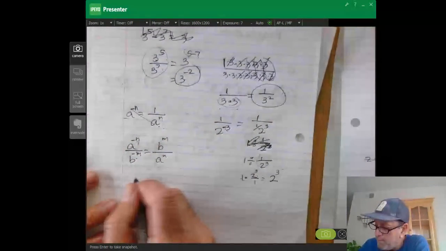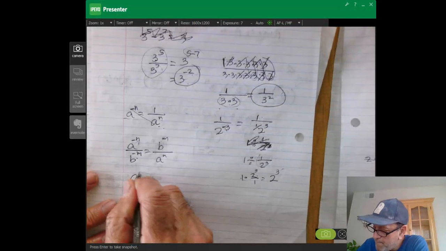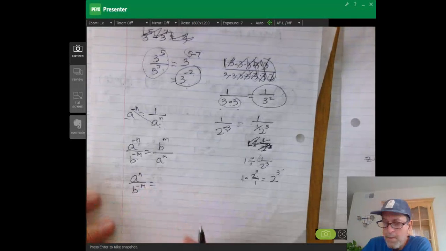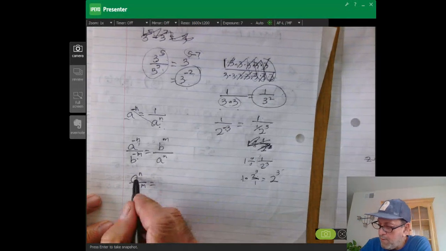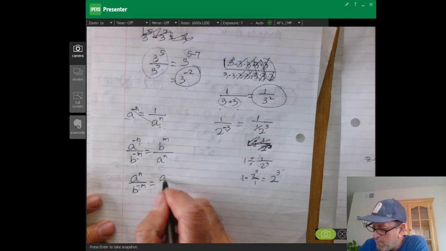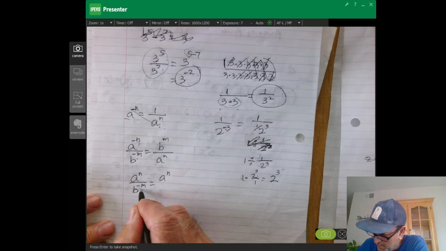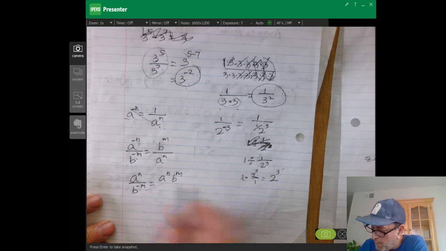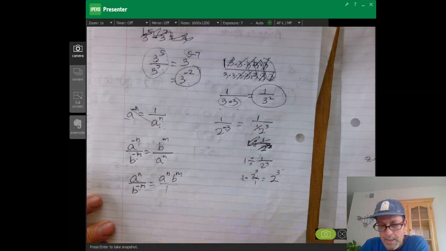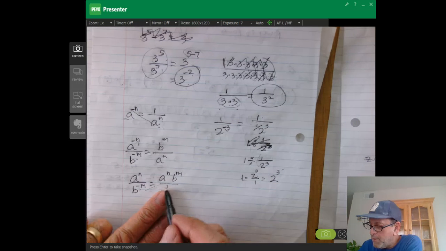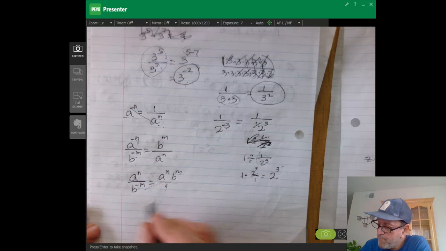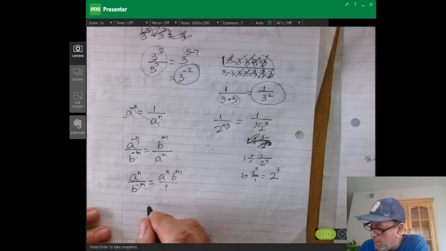If it's positive, it stays where it is. We have this. That one's positive, so it stays where it is. This one's negative, so it moves up. Turns into a positive. Now, we can keep it like that, but if there's nothing else in the denominator other than 1, then we just write it like this.